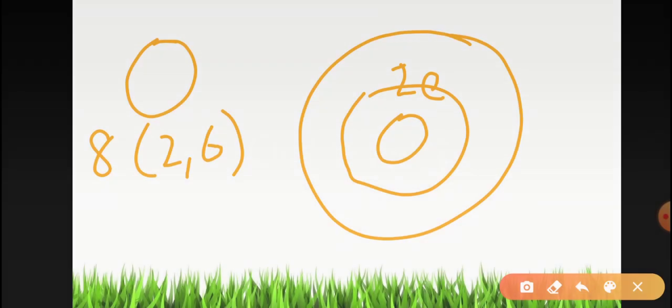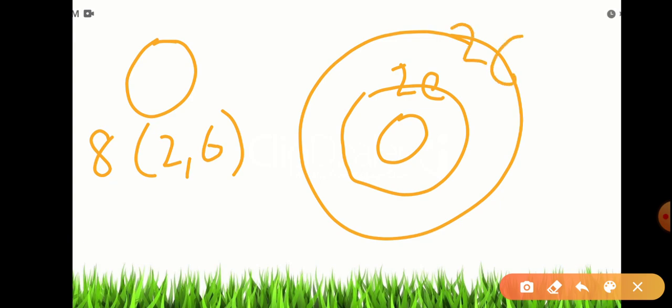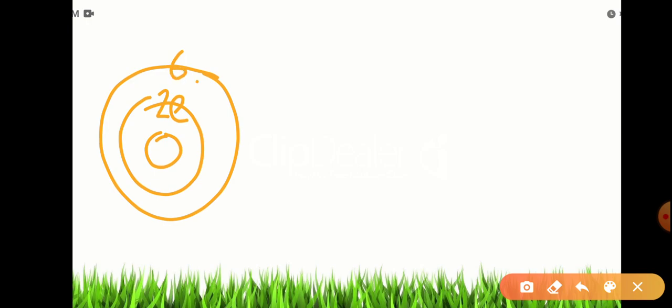So how many valence electrons are present? 6 valence electrons.